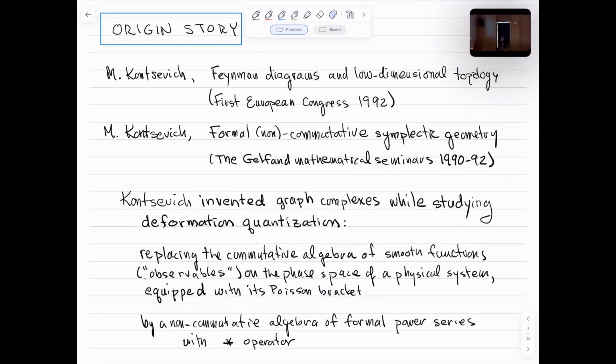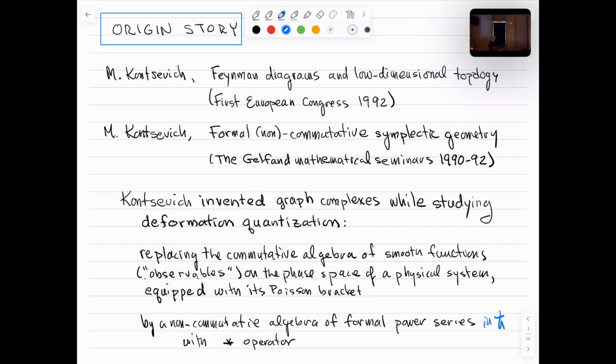What you do when you quantize something is you think of it as a deformation of the thing you were studying, and you replace this commutative algebra with a non-commutative algebra, the formal power series in some variable, which is usually thought of as Planck's constant, H. This power series has a star operator on it, which when you go to H equals 0, gives you the Poisson bracket and the original commutative algebra. So that's a deformation of the original algebra.